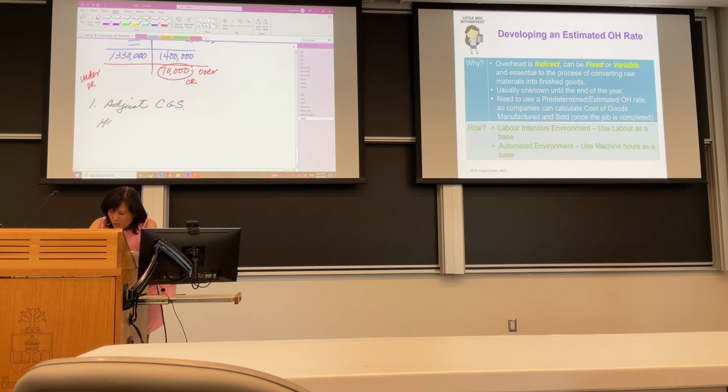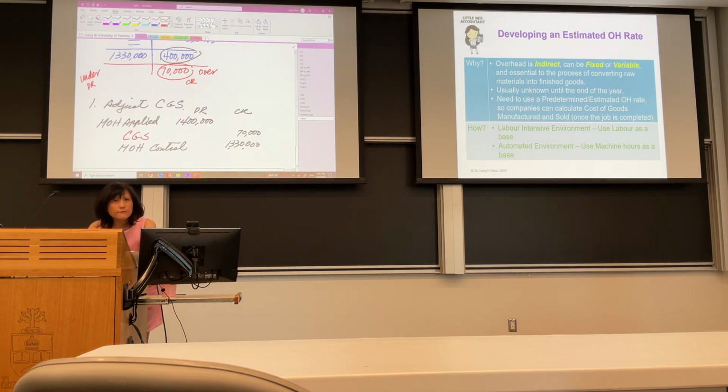Now, manufacturing overhead applied is always on the credit side, so to cancel it out, I debit it. Manufacturing overhead control, actual, 1.33 million. The difference is 70,000. You know they have to balance. So this is cost of goods sold.